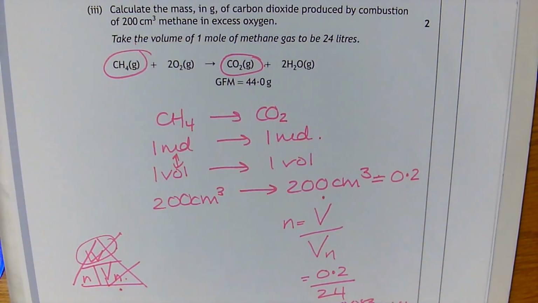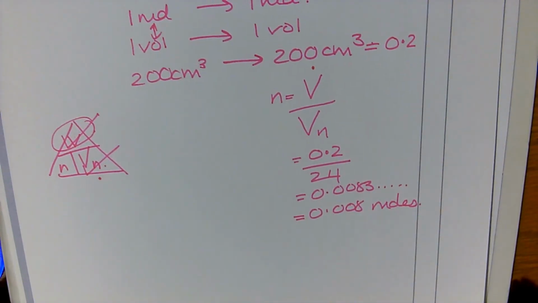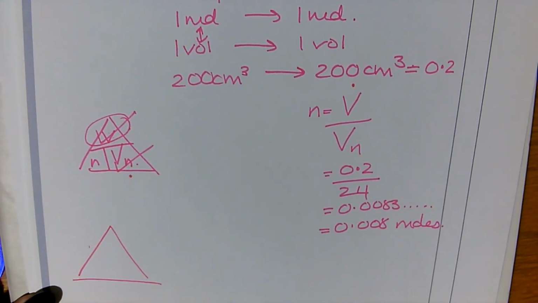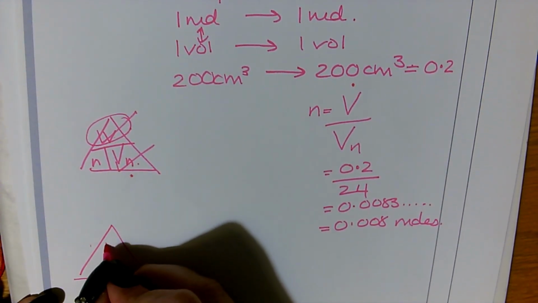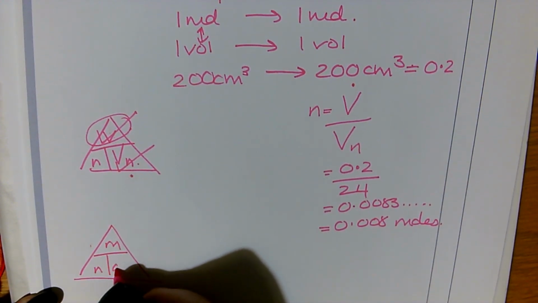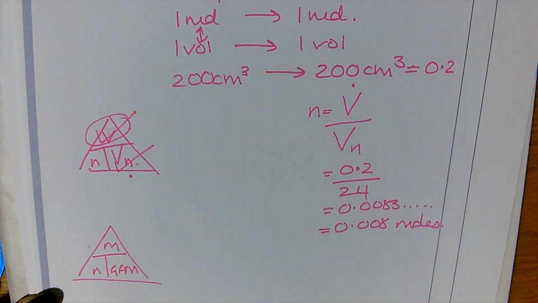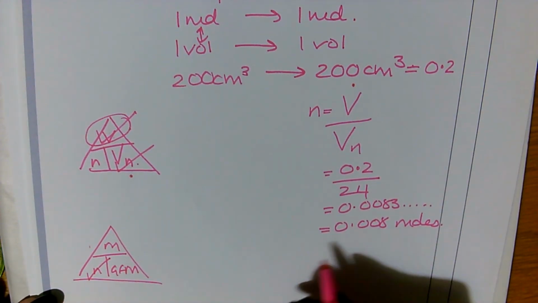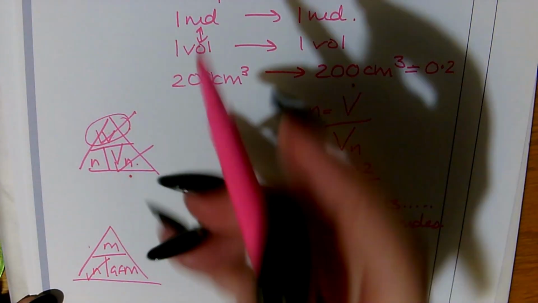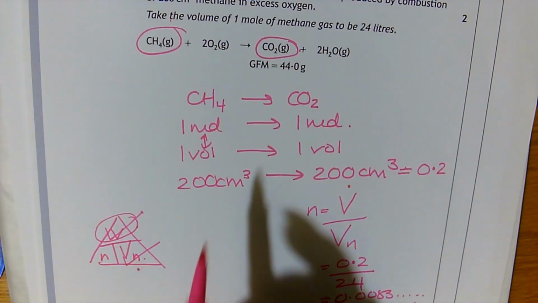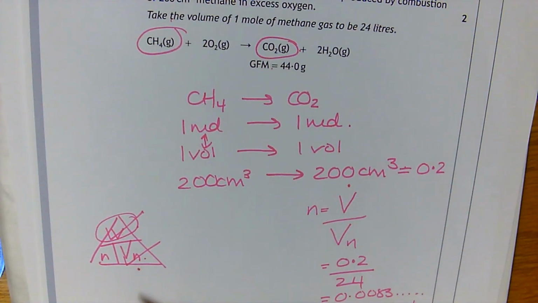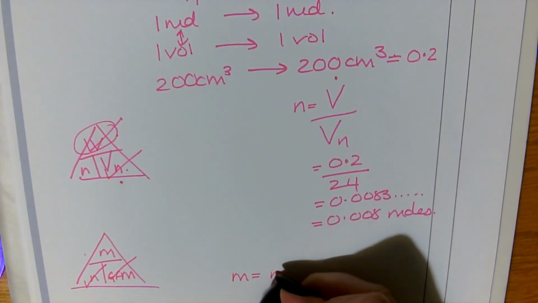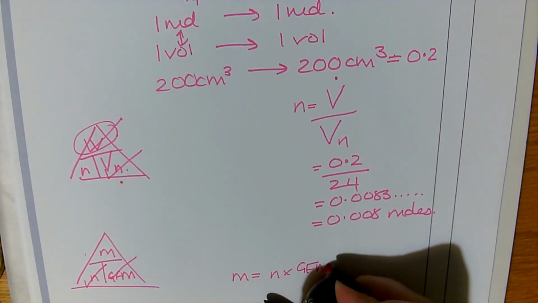Okay, now we're going to have to use one of our older formula triangles, because it's asking us to work out the mass, and we now have the number of moles. We have the gram formula mass, or you can work out the gram formula mass. Oh, in fact, they give you in the question the gram formula mass of carbon dioxide. So we're just going to do mass equals number of moles times GFM.